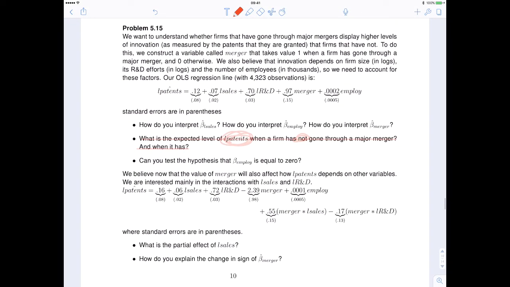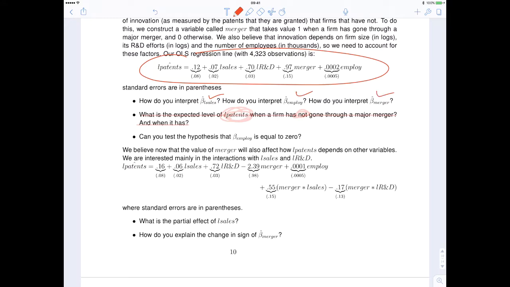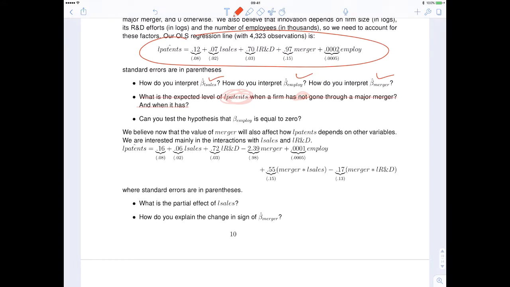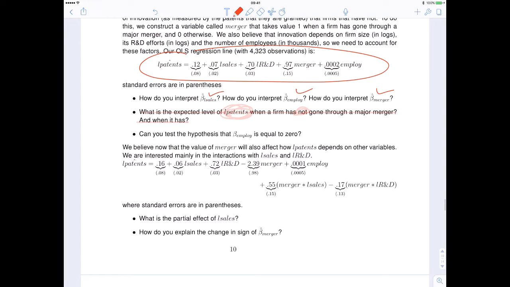Okay, we're getting close. 5.15. We have a regression, and we're asked to do interpretations, which you have in the solutions, so it shouldn't be too much of a big deal. What is the expected level of patents when a firm has not gone through a major merger? What does that mean?